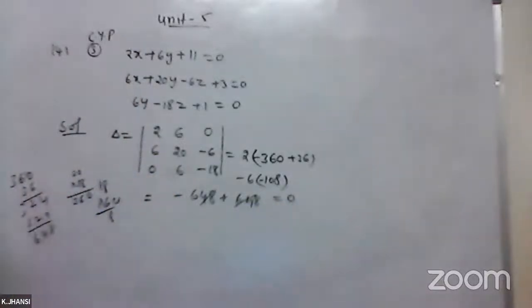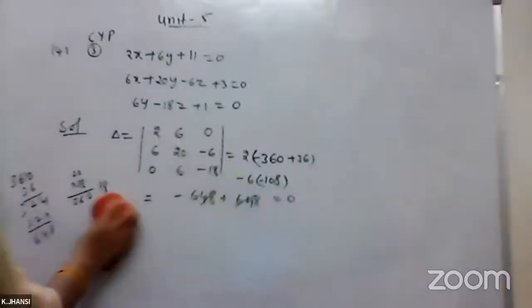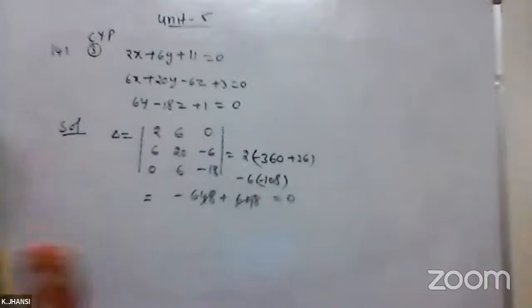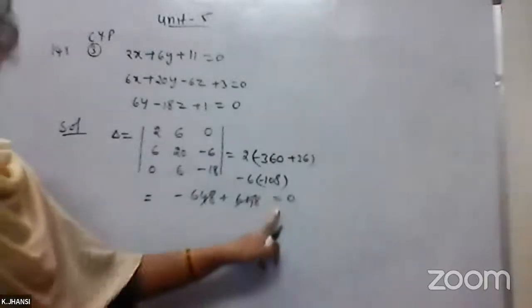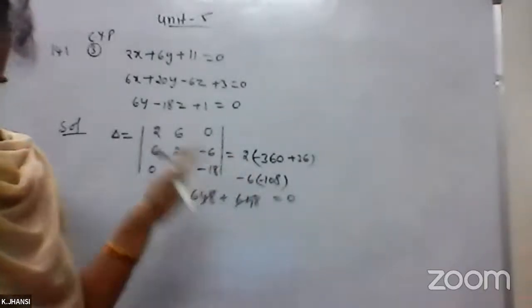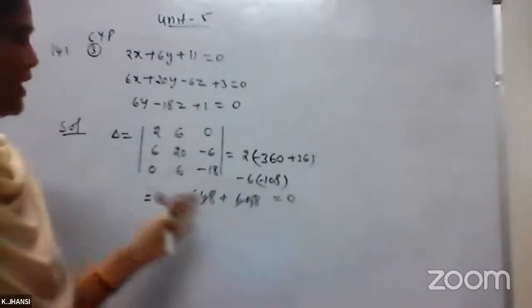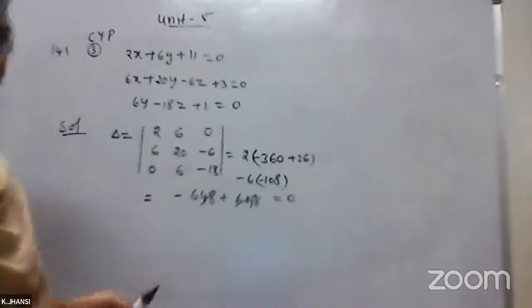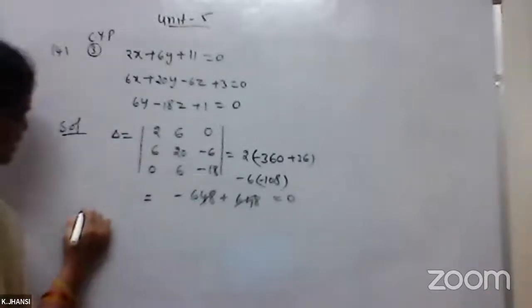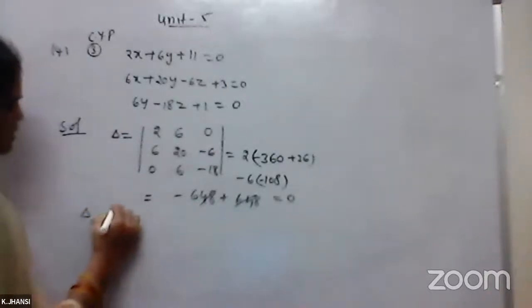Okay. So if this value is 0, then we have to go to the other conditions. If it is not equal to 0, then the three given planes intersect at a point. So if delta equals 0, then we have to check the delta 1, delta 2 and delta 3 values. Now delta 1: there are two methods.